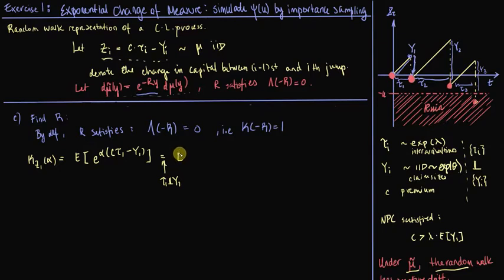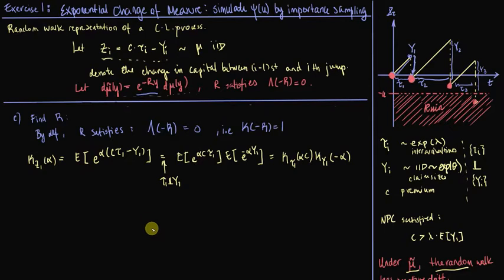So what we have now is the product of the mean of e to the alpha c tau 1, multiplied by the mean value of e to the alpha y1 with a minus in the exponent. And that is equal to the moment generating function of tau 1 evaluated in alpha c, multiplied by the moment generating function of y1 evaluated in minus alpha.